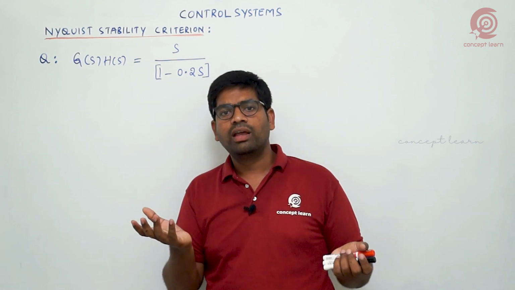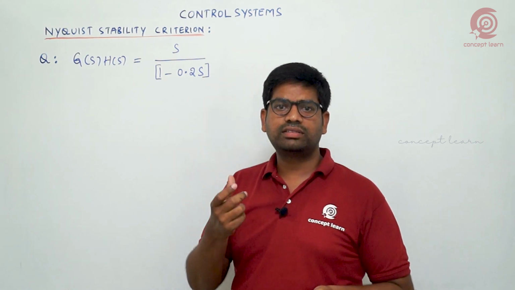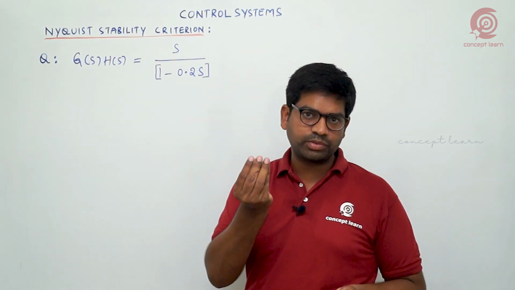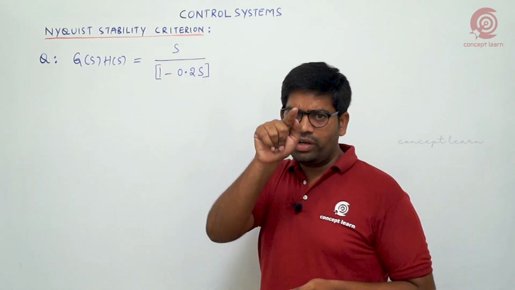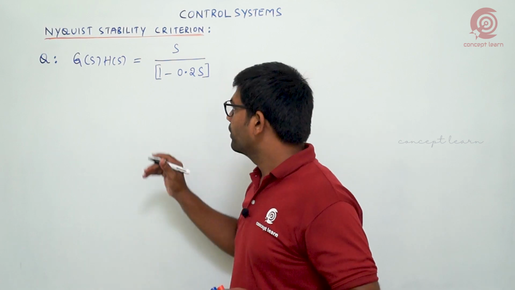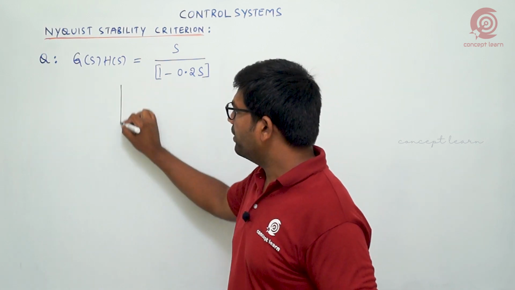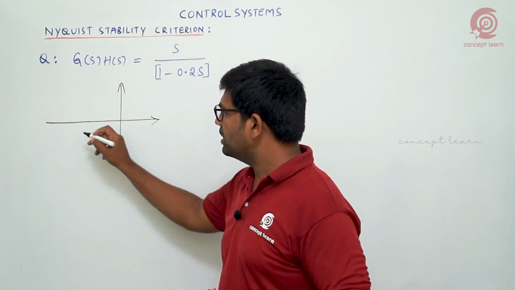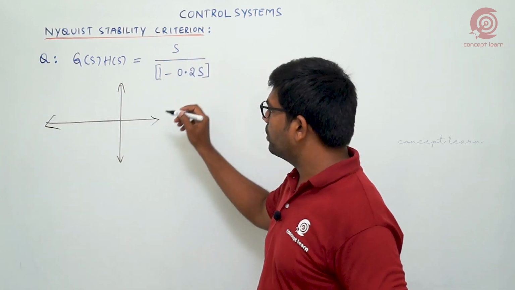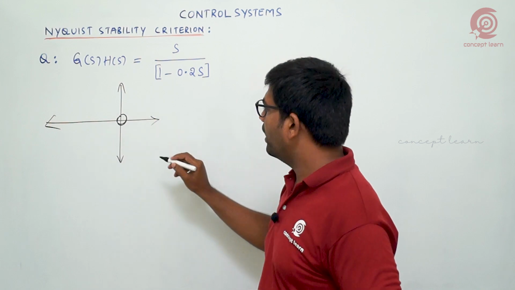So we'll see how to find the system stability, that is closed loop system stability, based on this open loop transfer function. Now when you look into this transfer function, where the open loop poles and zeros are located, you observe a zero is located at the origin.